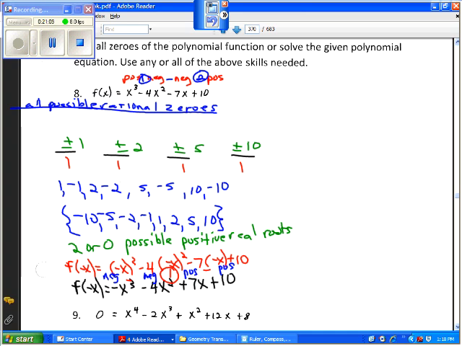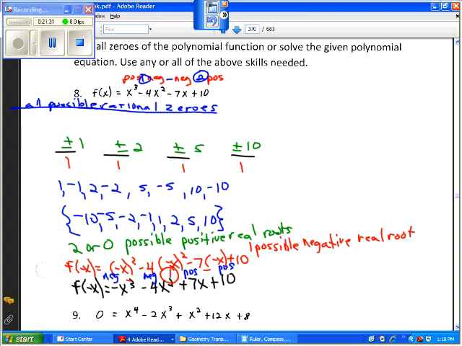That means that we have 1 possible negative real zero or real root.